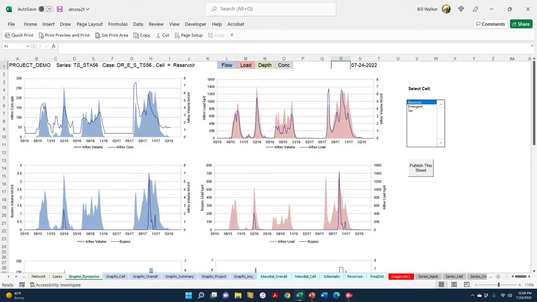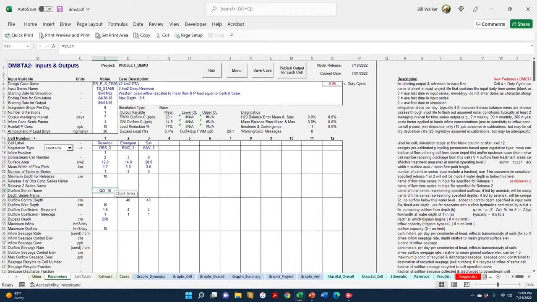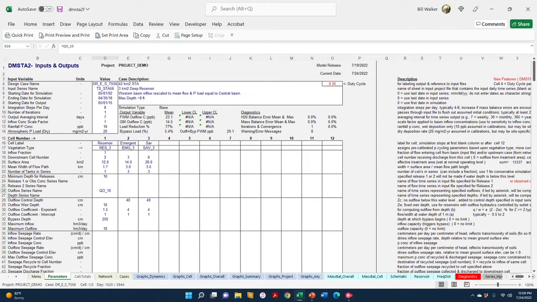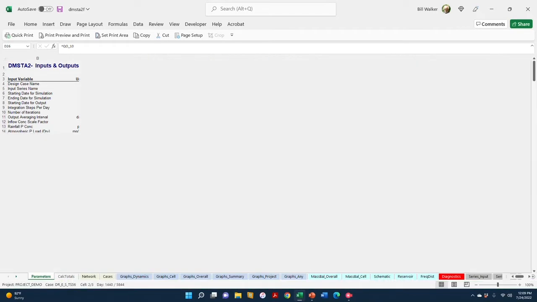Let's look at the dynamics of the flow. The reservoir. Okay, so let's constrain it at 1. Okay, so I'll go back. That's what I added. All right, run.